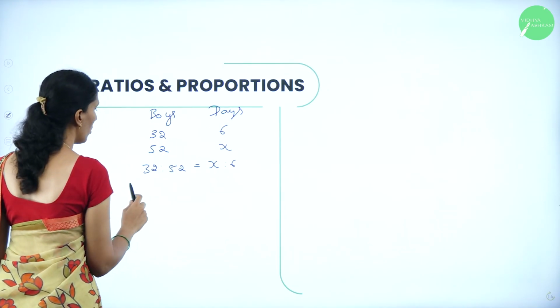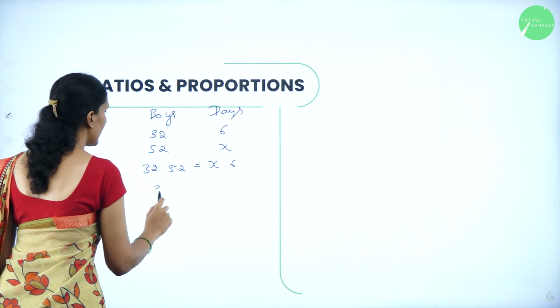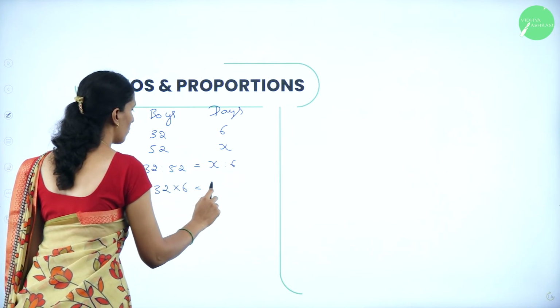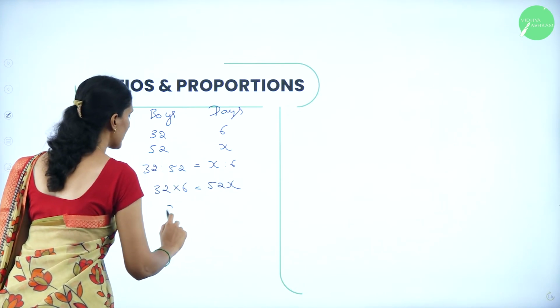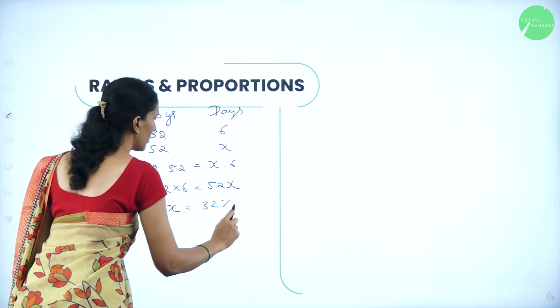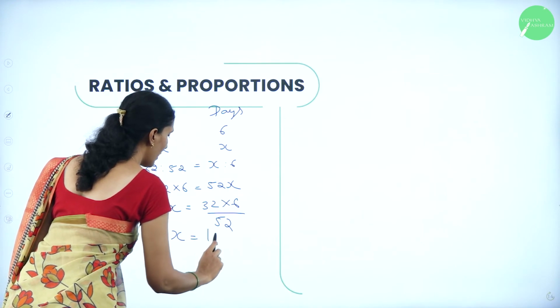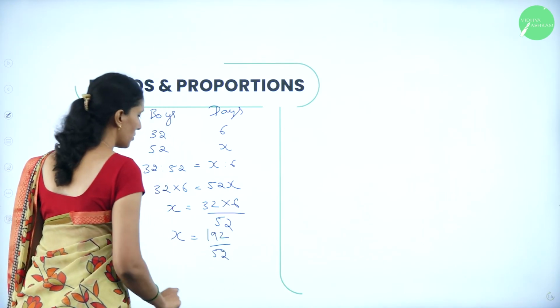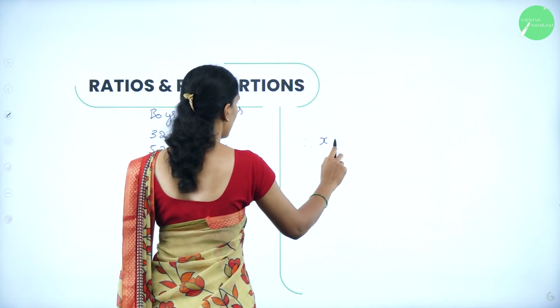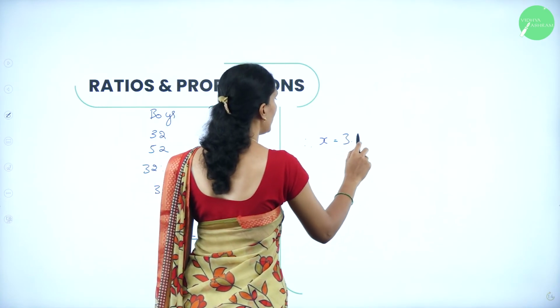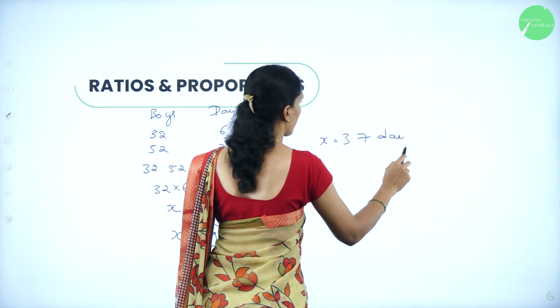Reverse the ratio. So 32 into 6 is equal to 52X, or X is equal to 32 into 6 divided by 52. X is equal to 192 divided by 52. So X is equal to 3.7 days.